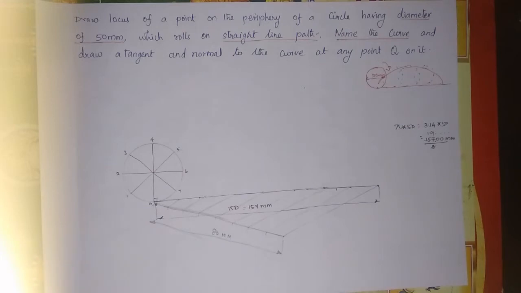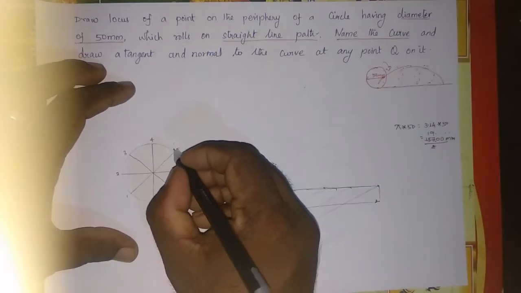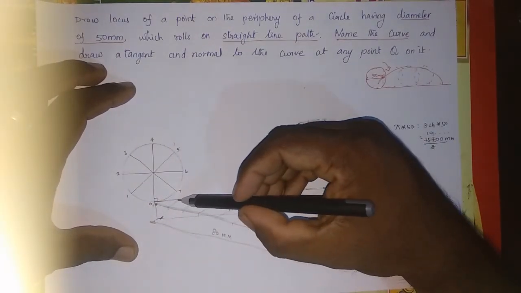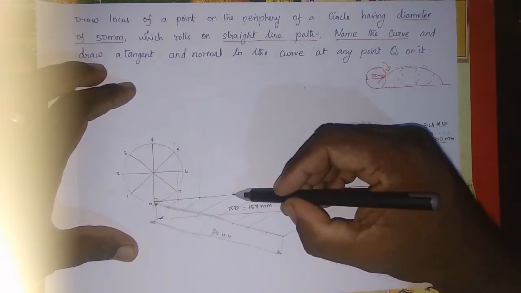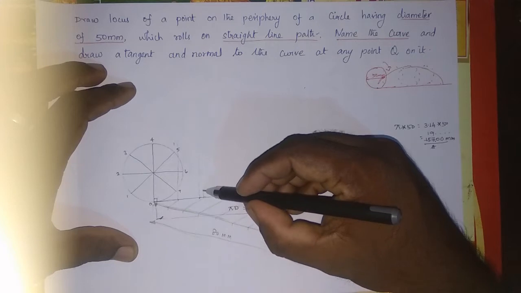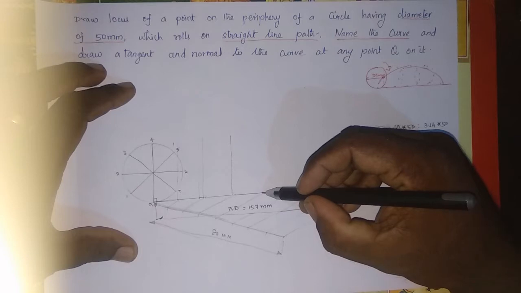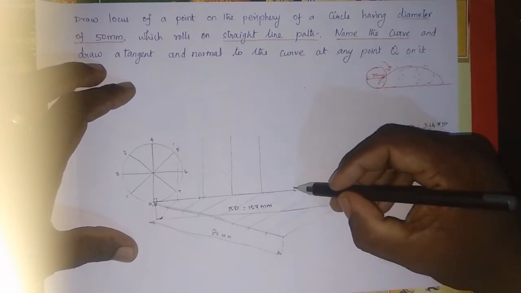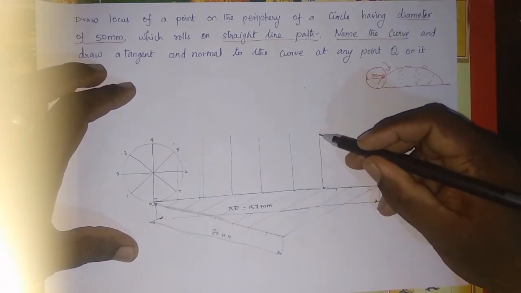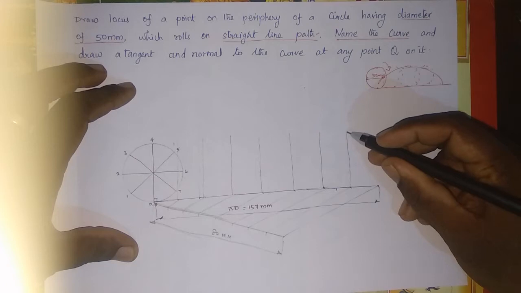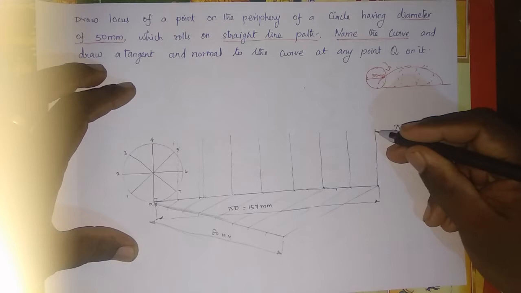Equally divided. From all these points I am going to draw perpendicular lines: 1, 2, 3, 4, 5, 6, 7 and 8.